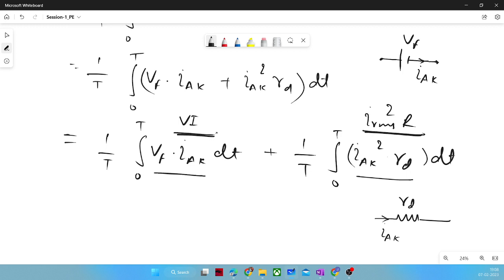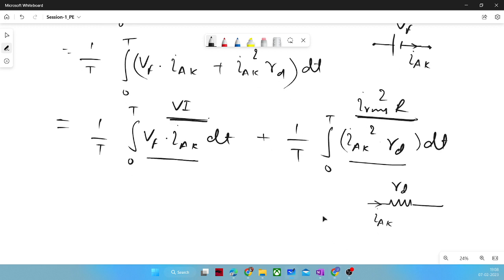So these two different terms are there, and that is easily visible from the expression, right? Now, if we know the expression, if we know the basics behind the switch, we will easily be able to compute the conduction losses. So we will go ahead and plug in all those values.